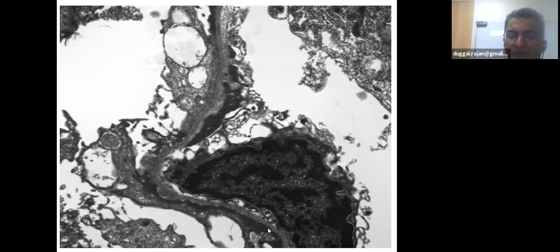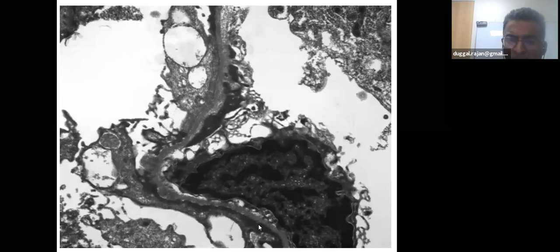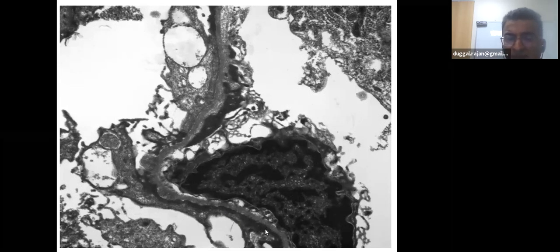So many times when there is diffuse foot process effacement, there will be actin cytoskeleton protein which gets deposited on the GBM. Many times, since these are dark colored proteins, you interpret them as subepithelial deposits, and subepithelial deposit means membranous. So you interpret them as, possibly it is membranous. But immunofluorescence is going to help you. If immunofluorescence is negative, you know that it is not membranous.